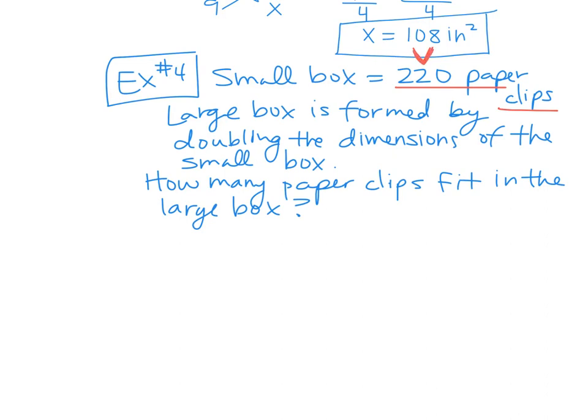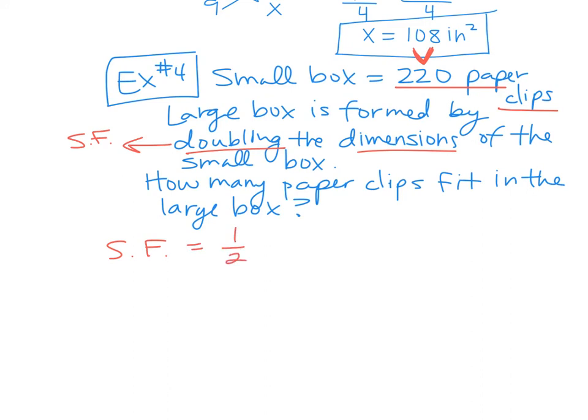It says the large box is formed by doubling the dimensions. If we're talking about the dimensions of something, which ratio are we talking about? That's the scale factor. So what is your scale factor? 1 to 2. If you're doubling, it's a 1 to 2 ratio. So your scale factor is 1 to 2.